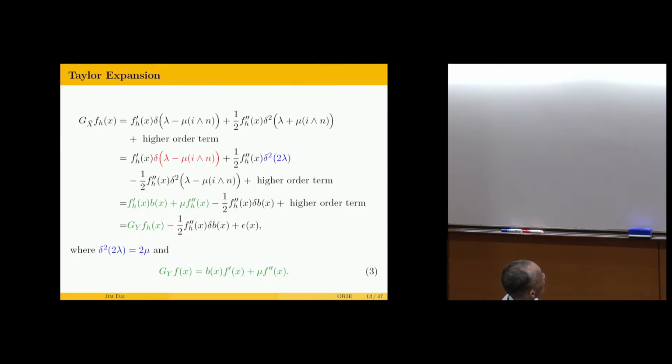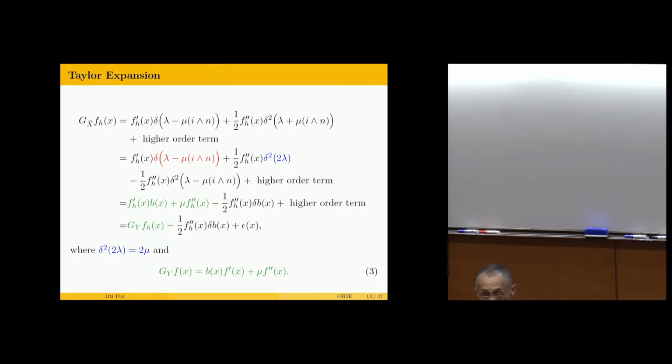The second order term is actually state dependent. But as I said, over the last 50 years, the diffusion approximation research community just uses a constant diffusion coefficient. If you have to replace this by a constant, you probably wouldn't replace it by any other constant except this 2 lambda.